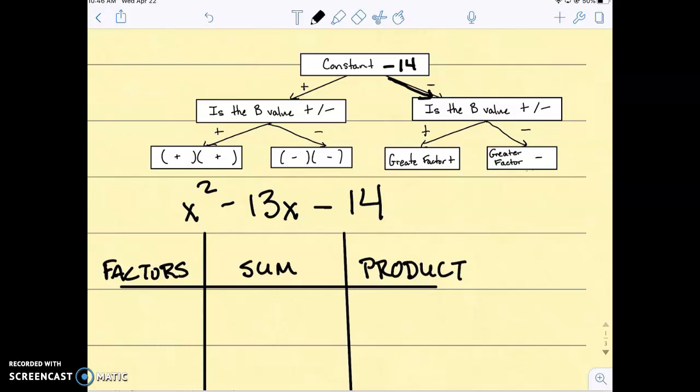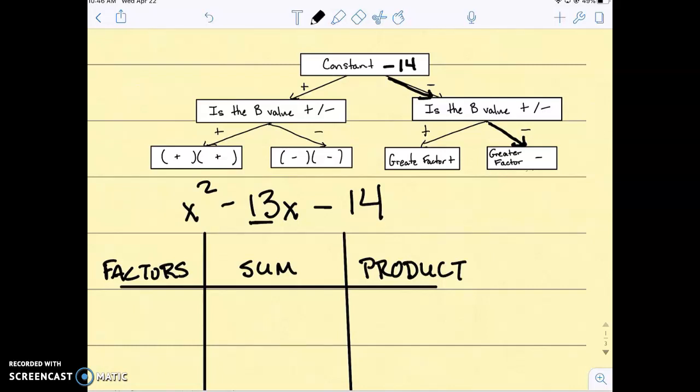Now, is my b value positive or negative? It's the 13. Is this a positive 13 or a negative 13? It is negative. So what that means is my greater factor is going to be negative.